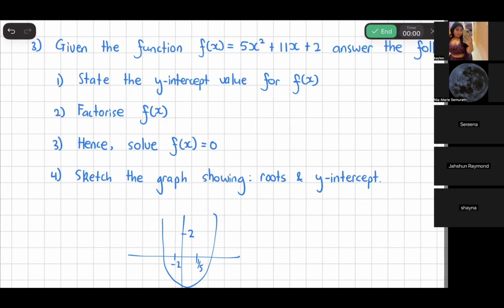The roots, yeah, where it cuts the x-axis. Right. So even if you made a mistake, the negative 2 is supposed to be over there because it's where the graph cuts the x-axis, and 1/5 is supposed to be here because it's where the graph cuts the x-axis. So you have to work on these things. Okay.